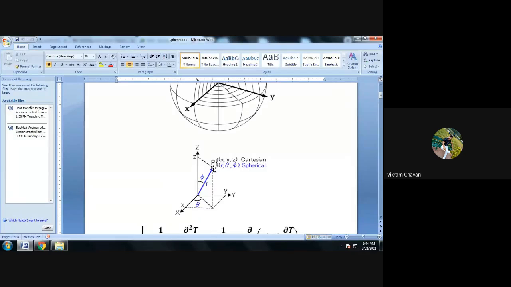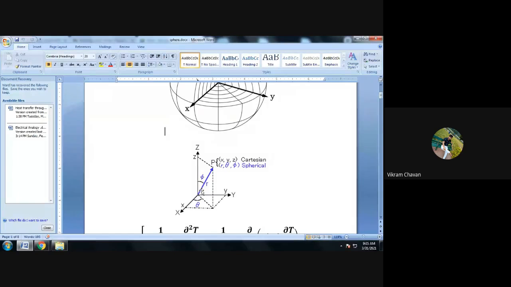Theta is this: if you project the point on the xy plane and join that projected point to the center point, the angle made by this line with the x-axis is theta. Whereas phi is the angle that the line joining the center and that particular point makes with the z coordinate, or the vertical axis.